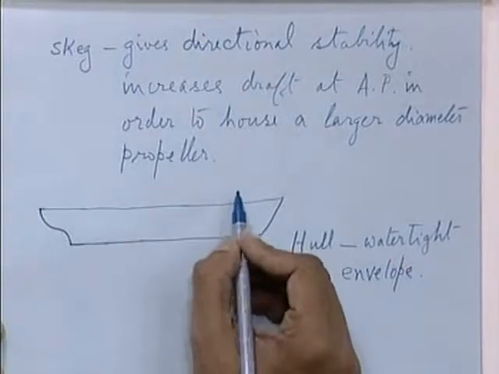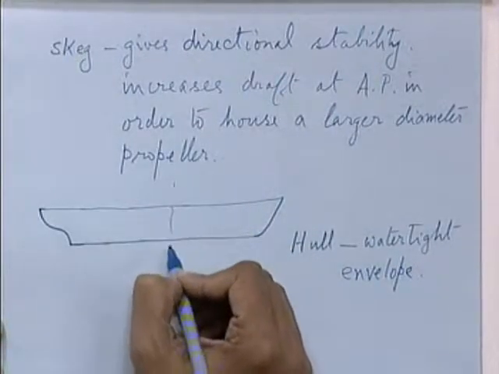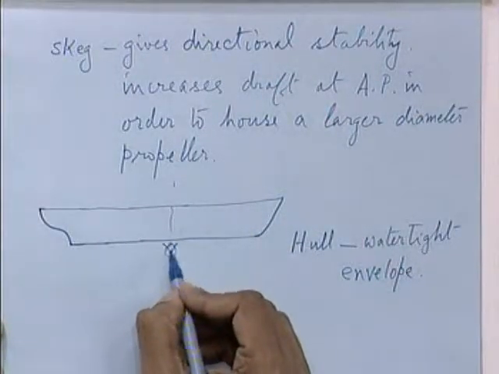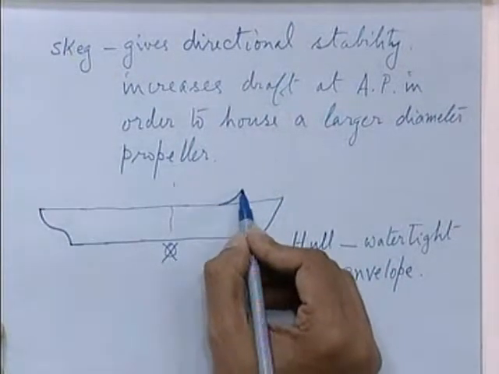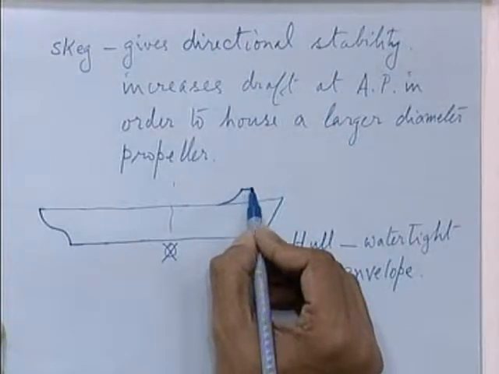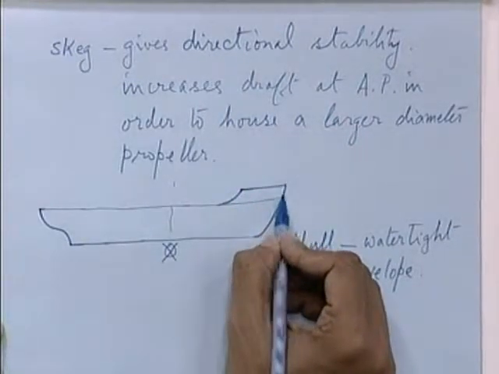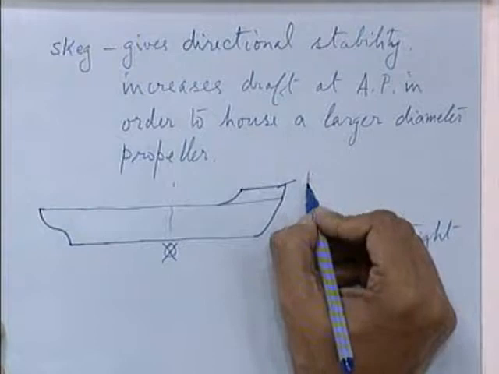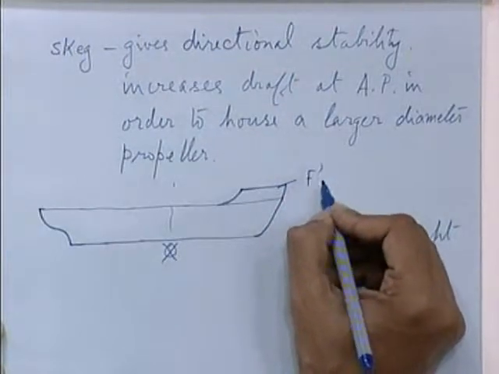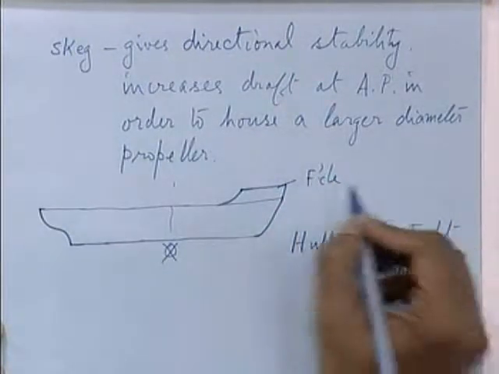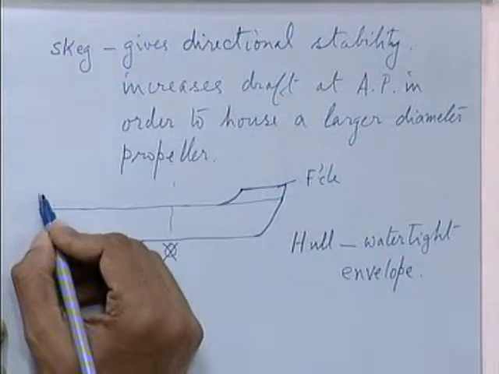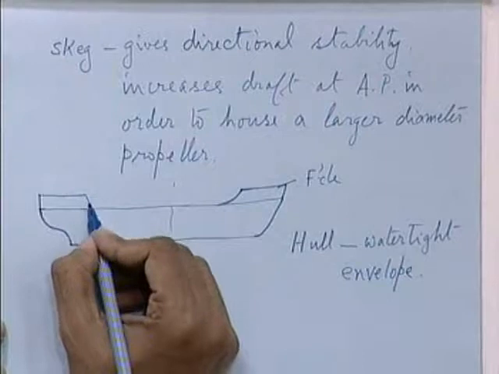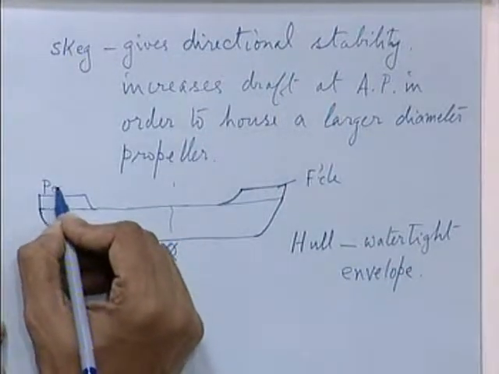Now, this hull actually extends, you look at the forward region, the hull extends beyond the main deck line at the forward region. So, here again this is called a forecastle, sometimes this is written as FCL, and near the stern portion this is called a poop.